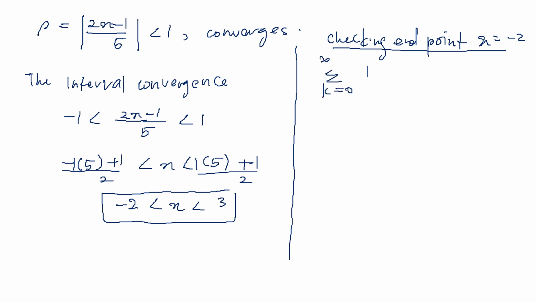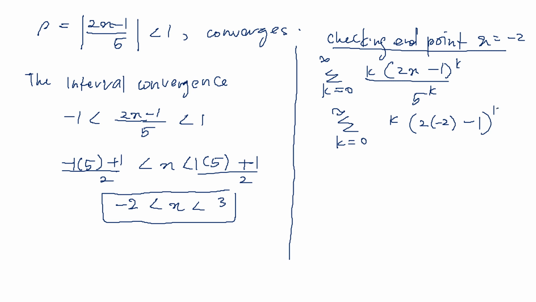The original series is the sum of k times (2x minus 1) to the power of k over 5 to the power of k. So we substitute: k times (2 times -2 minus 1) to the power of k over 5 to the power of k.